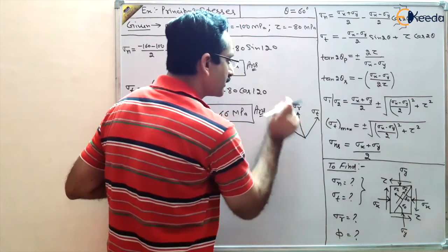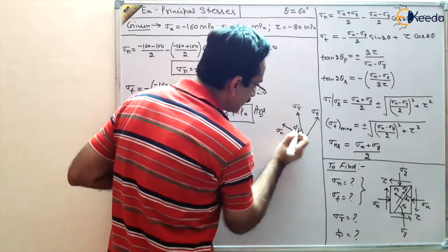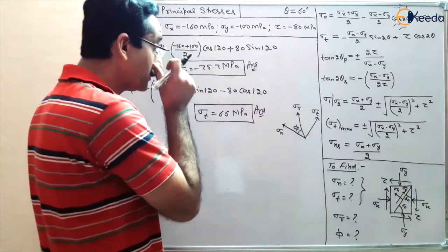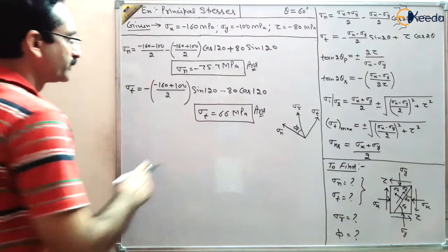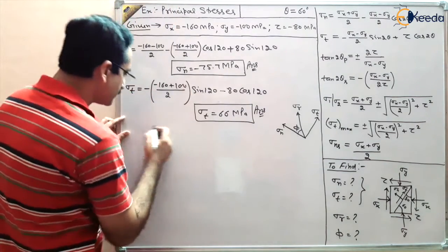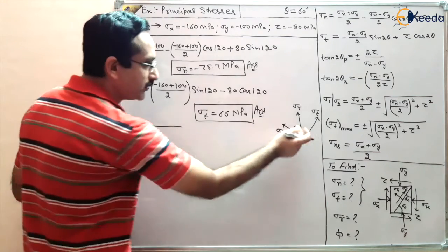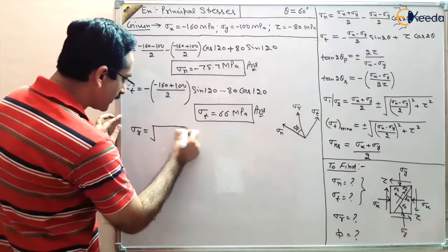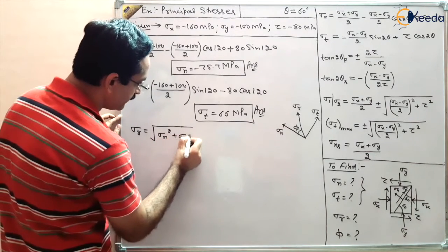This we have to find out, sigma r, and suppose it is making an angle phi with the normal. Since sigma n and sigma t are given and both are perpendicular to each other, sigma r will be equal to the square root of sigma n square plus sigma t square.